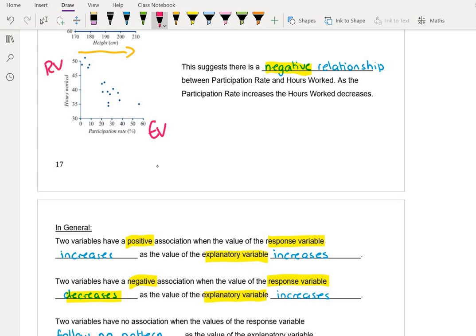As the EV increases, the RV goes down. As we go up the scale of the EV, you can see the values of the RV going down. You can also see it the other way: as the RV increases, the EV is decreasing, going down that way.